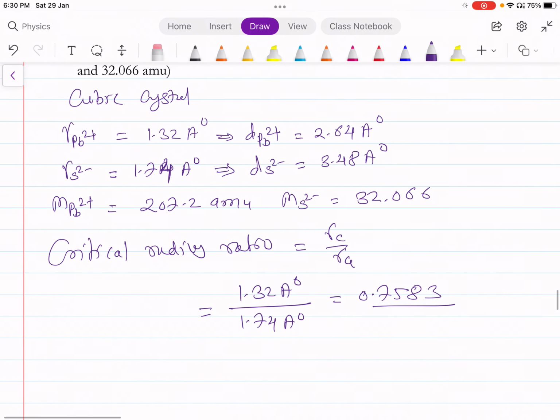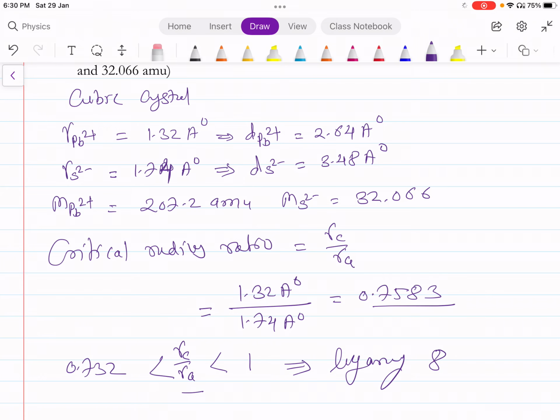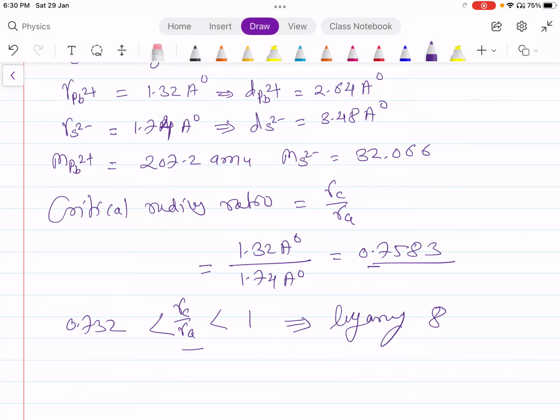Now we know that when Rc by Ra is between 0.732 to 1, this is ligancy 8. So obviously it is between 0.732 to 1. So this is ligancy 8. So the structure is simple cubic diatomic.